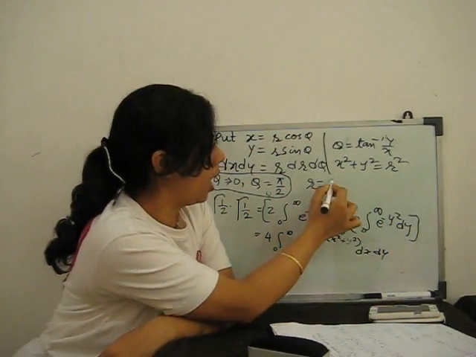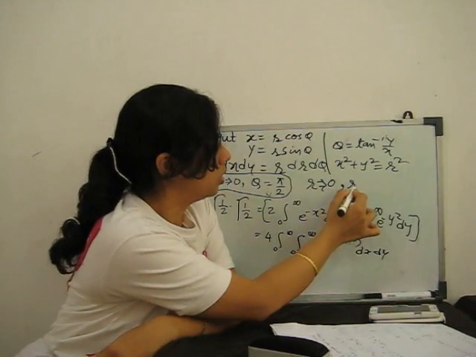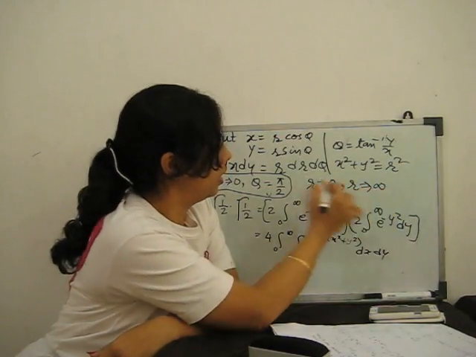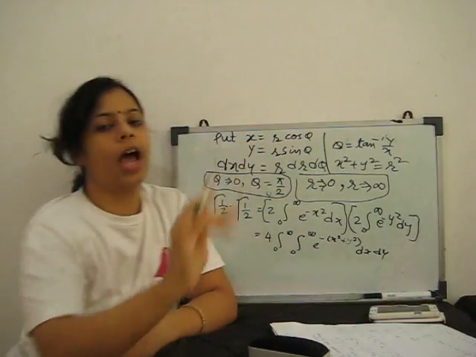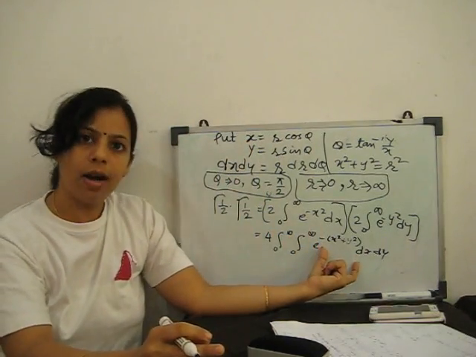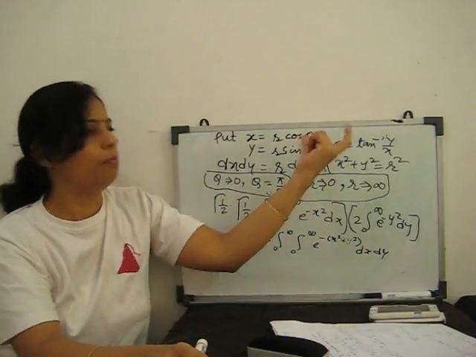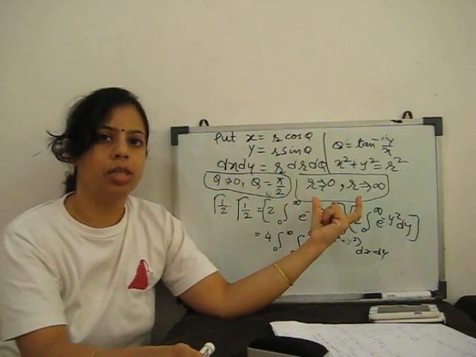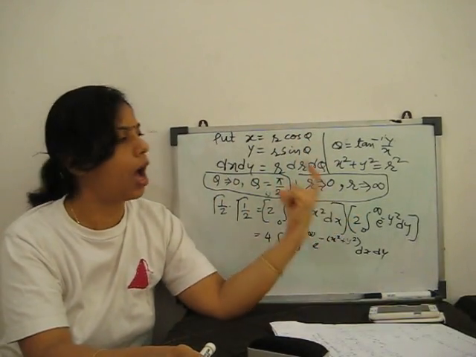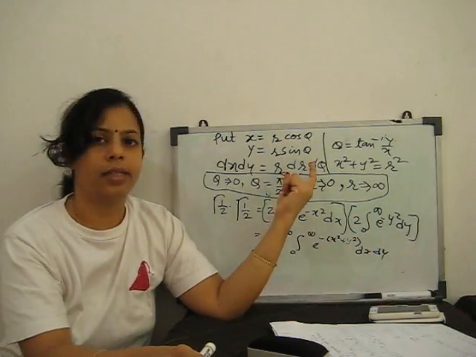Hence, the limit for r goes from 0 to infinity. So now we convert this complete integral into polar form by substituting these things. I think you better understand how to transform the limits and the coordinates.